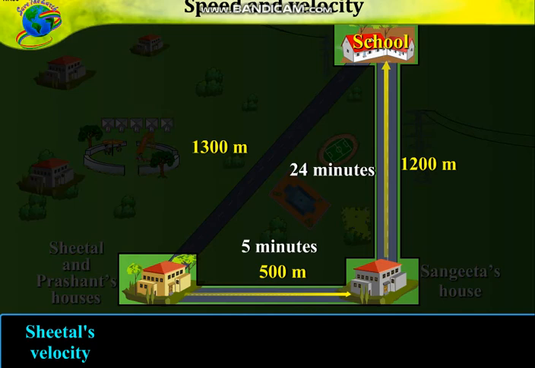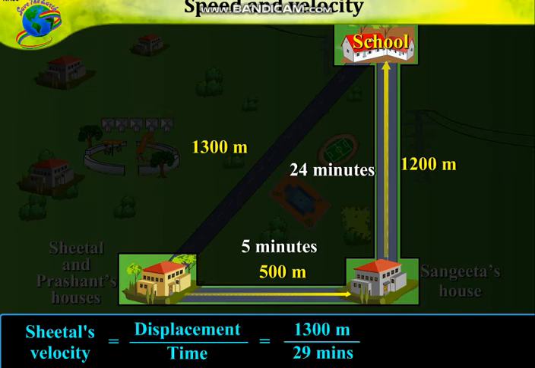Sheetal's velocity is equal to displacement upon time, which equals 1300 meters upon 29 minutes. So, Sheetal's velocity is equal to 44.83 meters per minute.